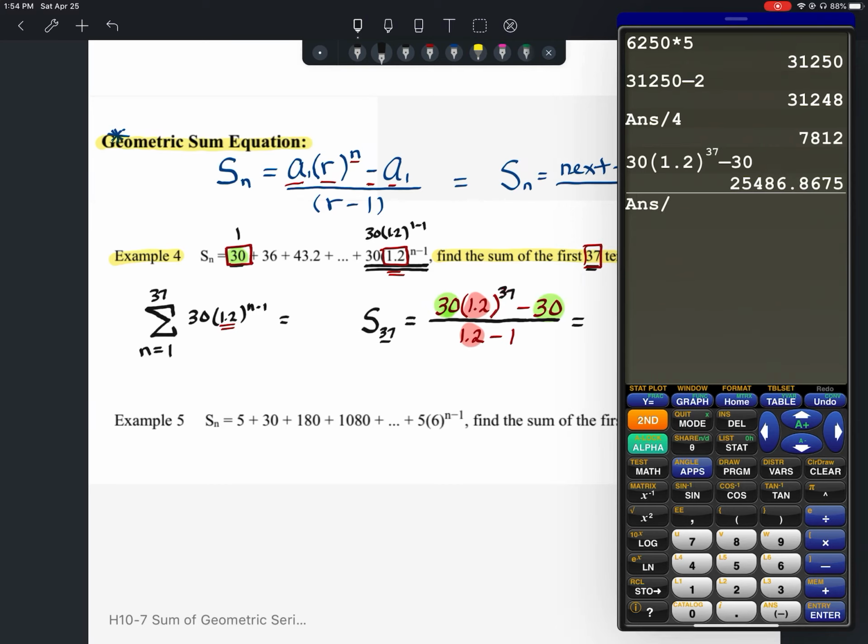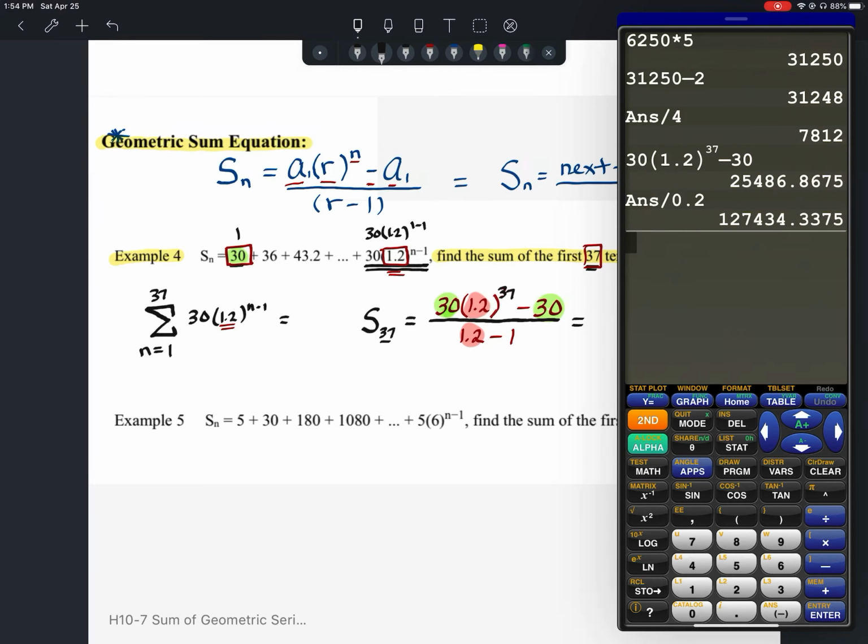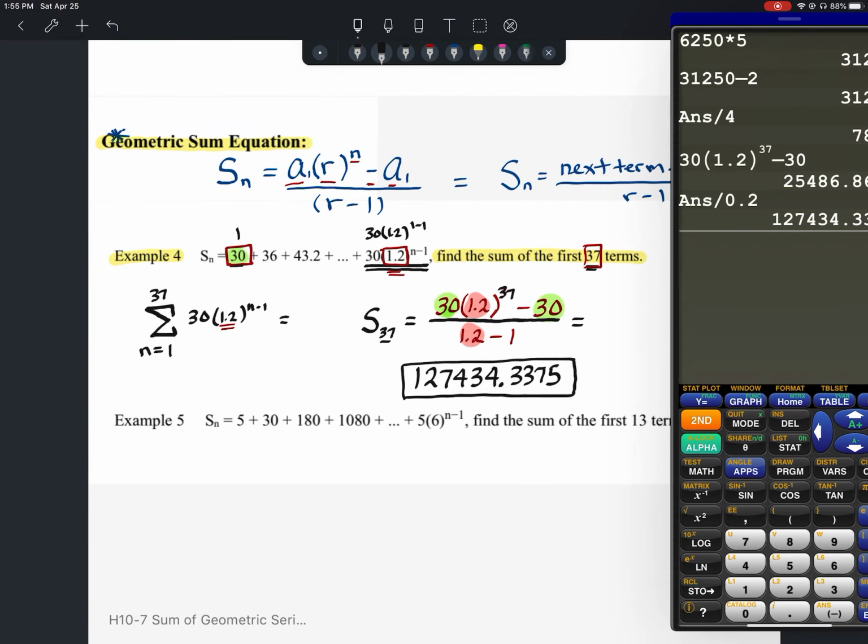I'm going to divide that by 1.2 minus 1, which would be 0.2, and we get 127,434.3375. A lot of times these numbers can get long, so just make sure you're paying attention to what you're doing. Just because it's ugly doesn't mean it's wrong. Just remember that. All right, let's move on to the next one.